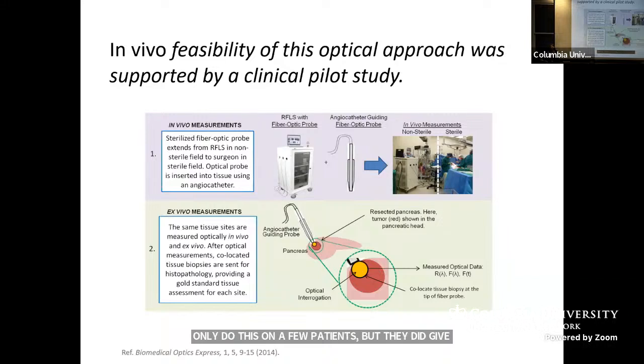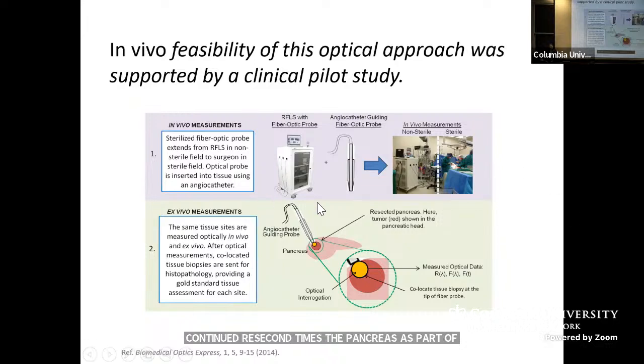And so we developed a method using an angiocatheter. During surgery, we inserted an angiocatheter, and we used that to guide a fiber optic probe into place, very rapidly collected measurements, and removed the fiber optic probe. They continued with the surgery, resecting the pancreas as part of this Whipple surgery, and leaving the angiocatheter in place.